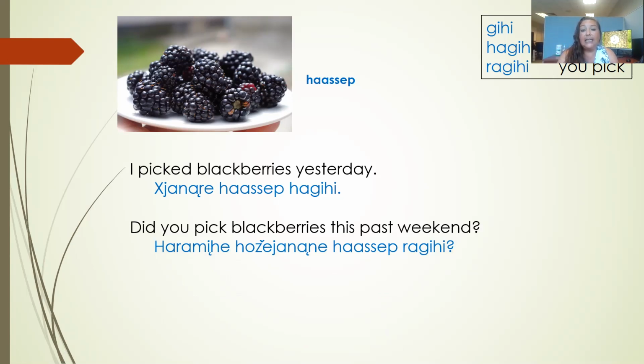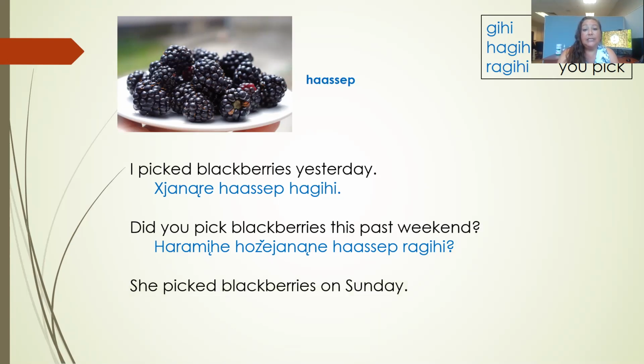Hoje jana is the end of it, and then the re at the end means it's past tense. So anytime you want to say past weekend, it is haramihe hoje janare. And then hasap ragihi. Did you pick blackberries this past weekend?